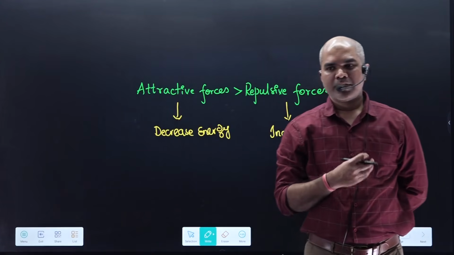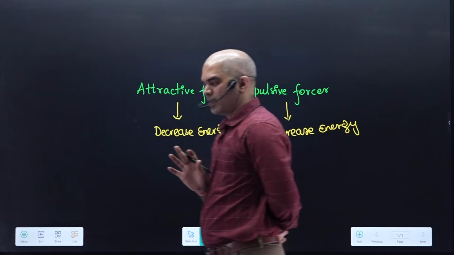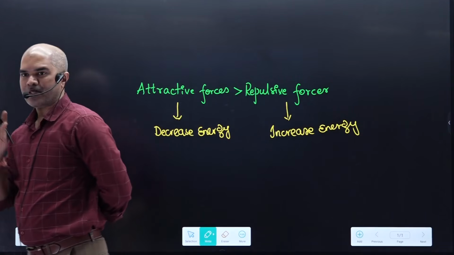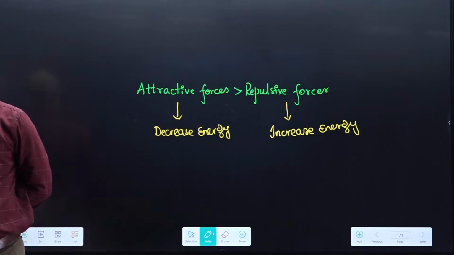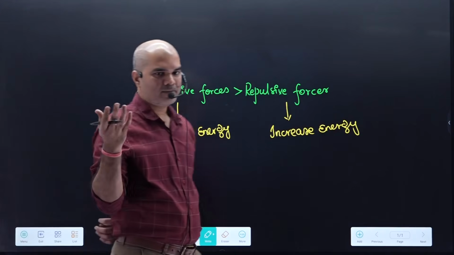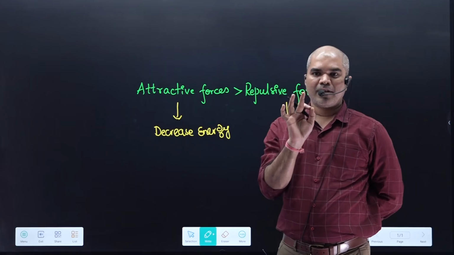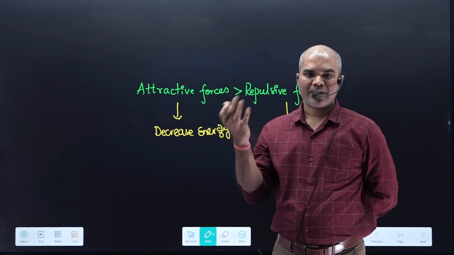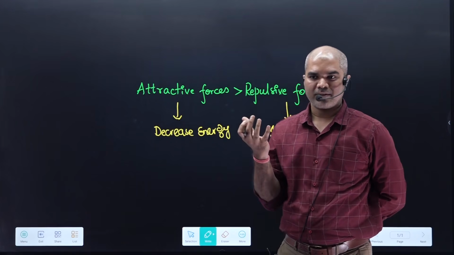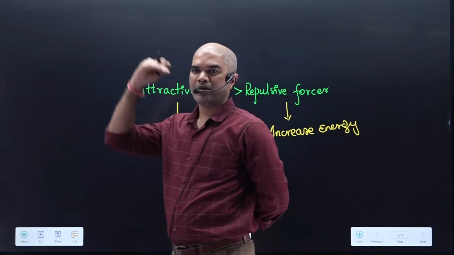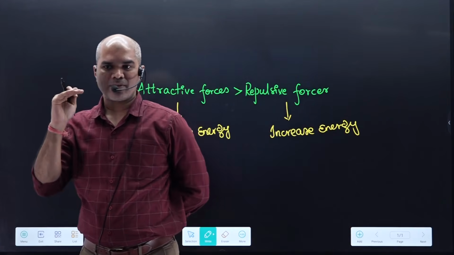Now let me give you a general example. Suppose there is a person who has a partner or a lover. Just imagine. When they are speaking with their loved one, how do they speak? Will they speak in a very high pitch voice or a very low voice?